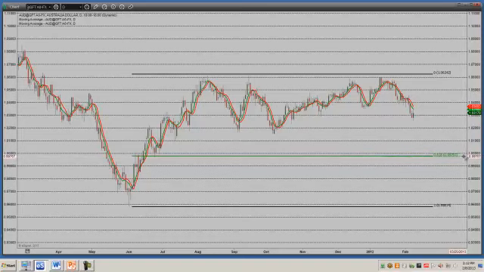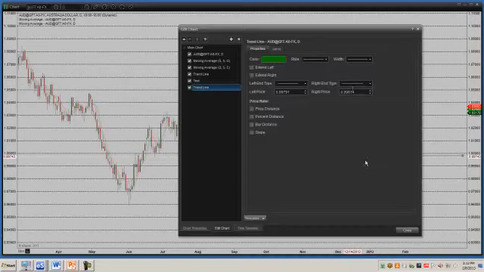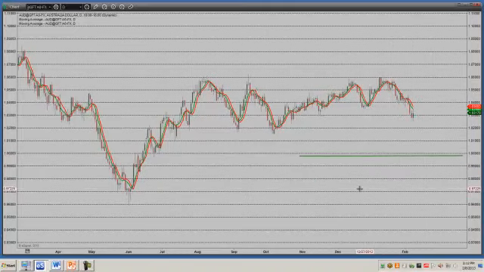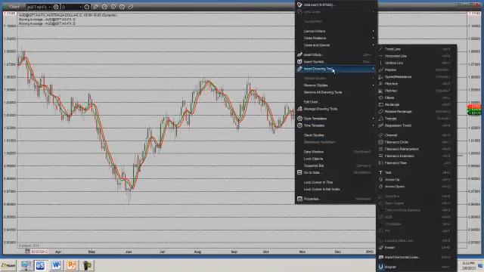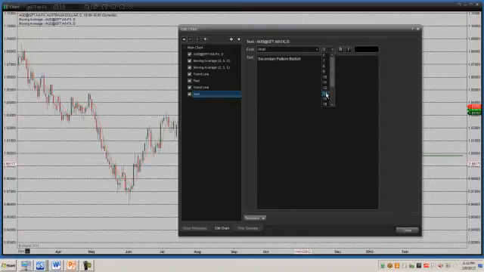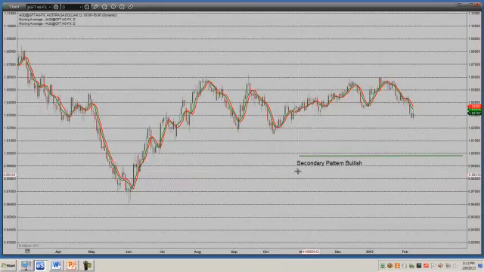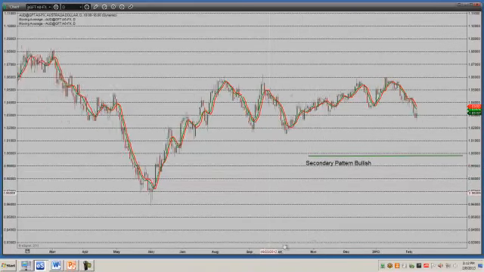I'm going to mark that on the chart and remove that frame. And we're also going to mark that, so our secondary pattern is bullish.